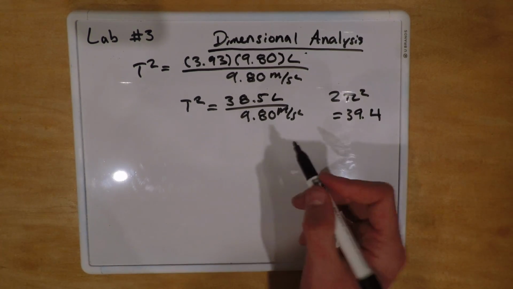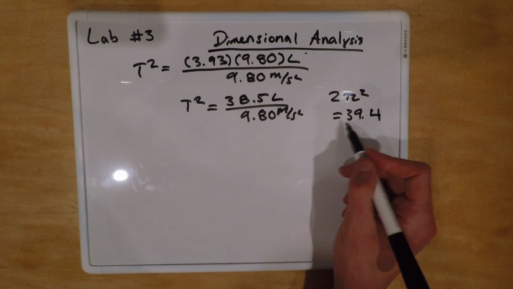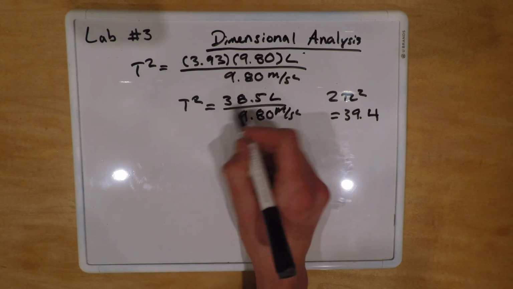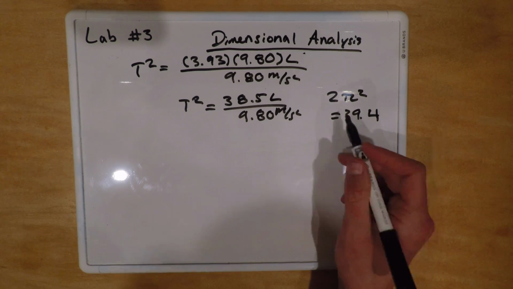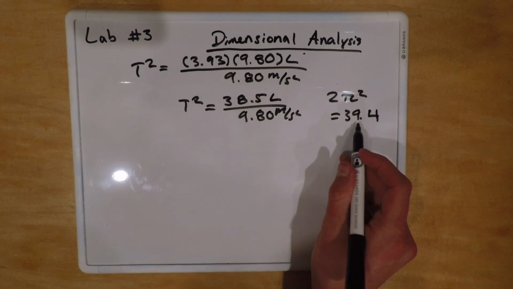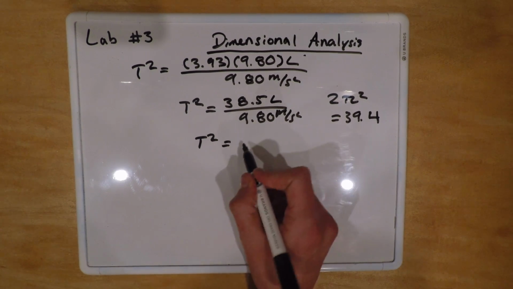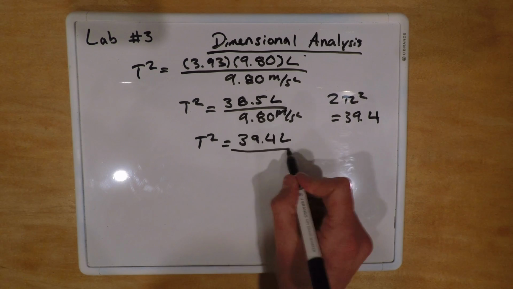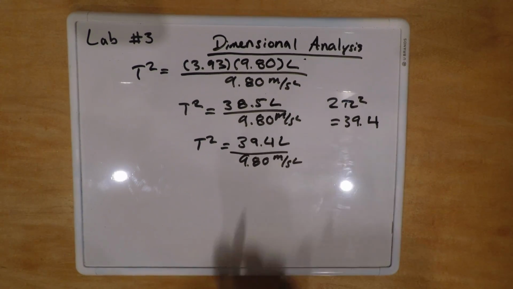I'll be honest, in order for this whole thing to work, you have to use this value. It turns out to be this, not what we got here. So our results in our data were a little off, but that's okay, because this is the actual value we want, and we're going to substitute this for that now and say that t squared equals 39.4 L over 9.80 meters per second squared.